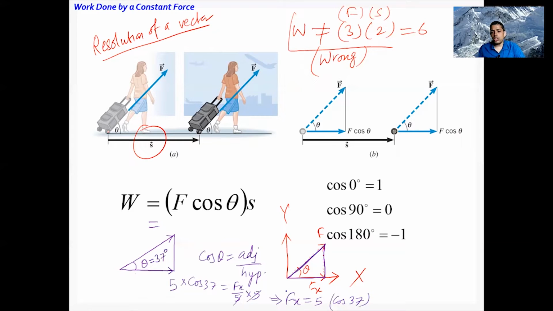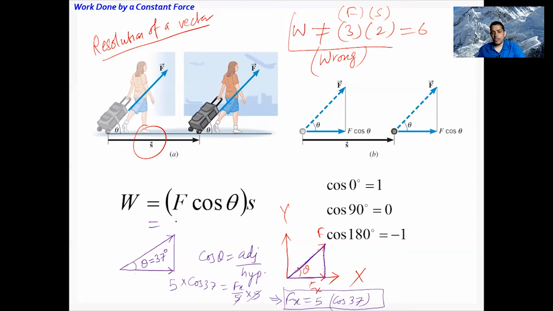So this Fx is in the direction of displacement. That's why we have to modify our work like this. Now this Fx is 5 cosine 37.